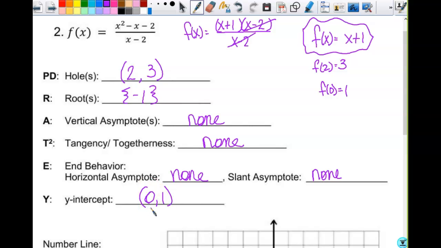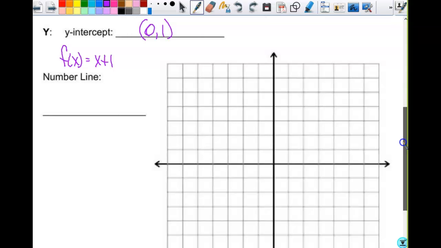Now, even though we know this is a line and we know how to graph a line, we're still going to do the number line and kind of talk through how all of this tells us that even if we didn't know it was a line. So I'm going to rewrite this. F of x is equal to x plus 1. Okay. Any questions at this point? All right.